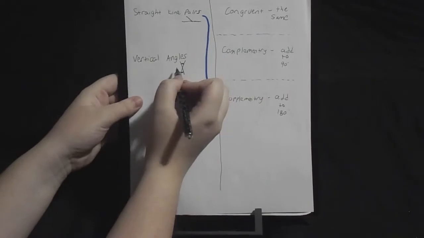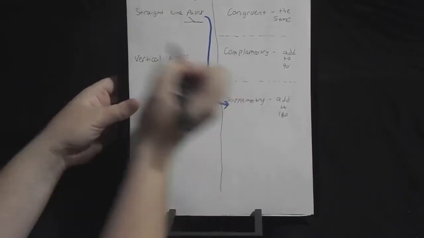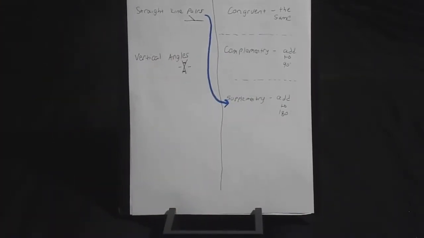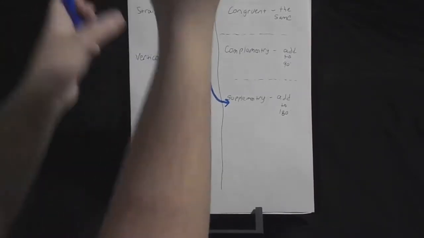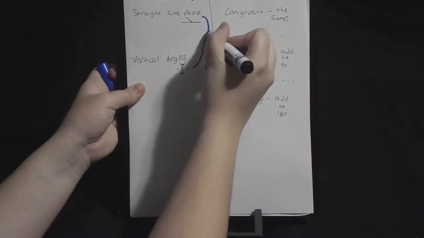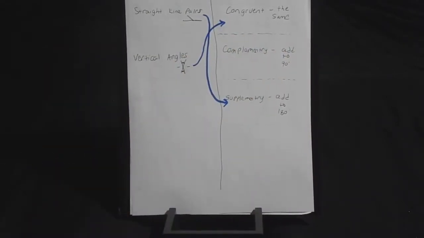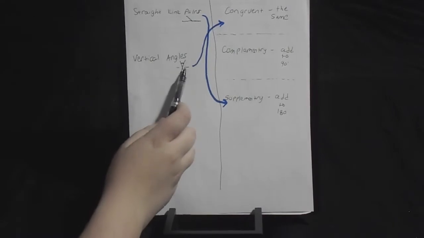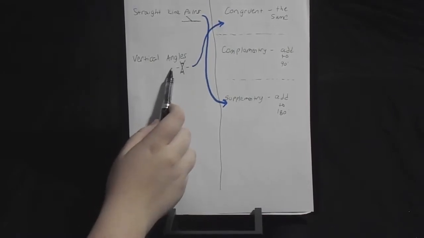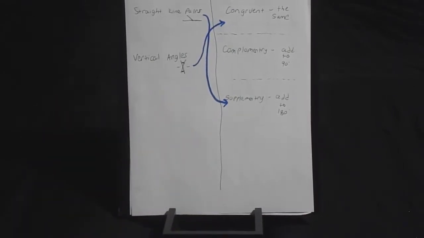As well, this one here on the left and this one here on the right would be vertical angles to each other. Now, vertical angles are always congruent. They're always the same. So if the top one is 30, the bottom one's also 30. And if this one's 100, that one's also 100.